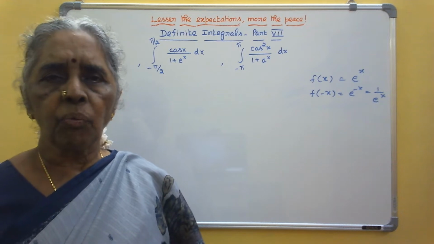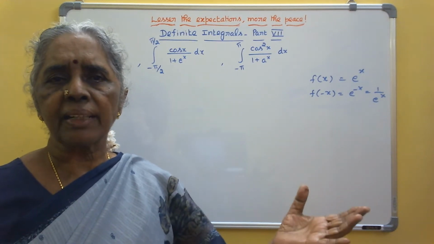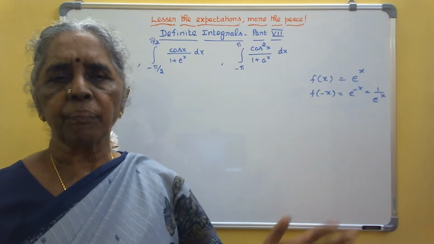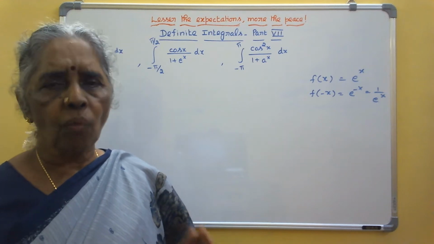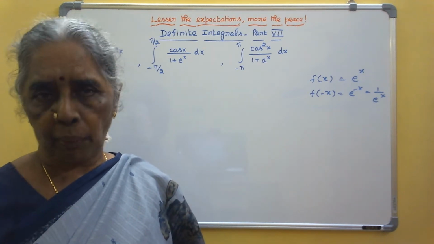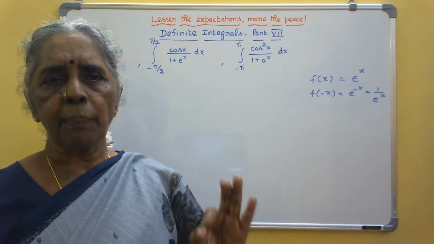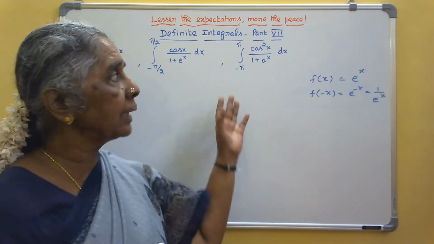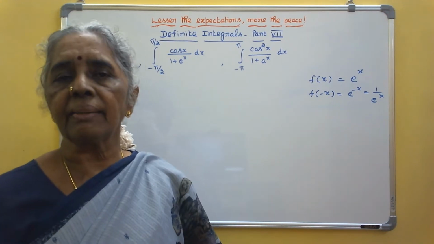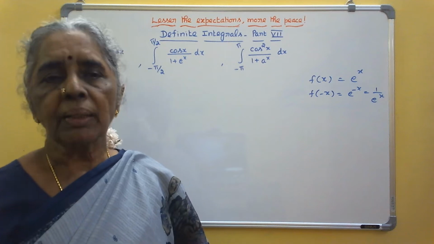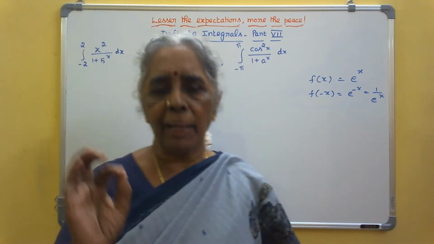So, we won't be able to classify it as an even function or an odd function. So, we won't be able to use that property if you get e power x or a power x as one of the terms in the integrand, even though the limits are of the format minus a to a.